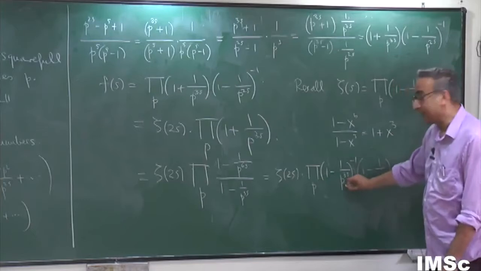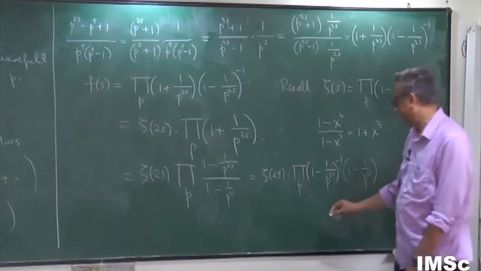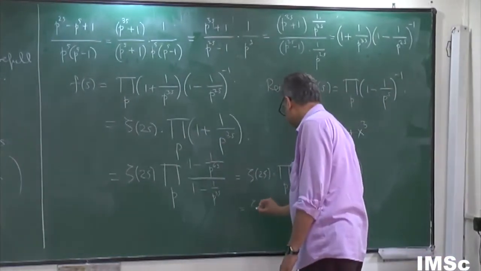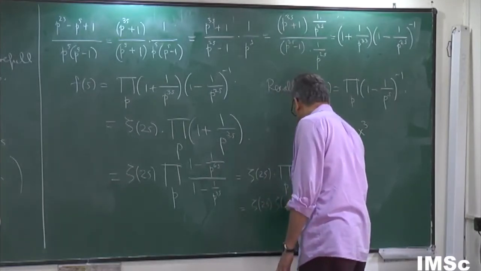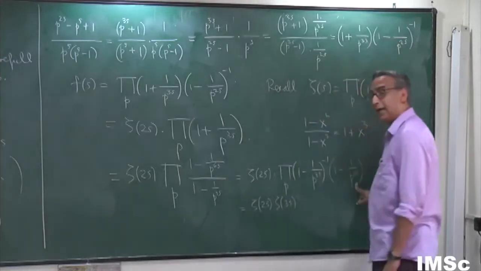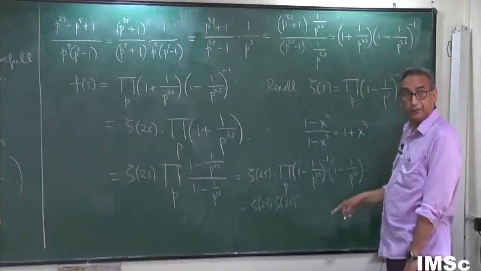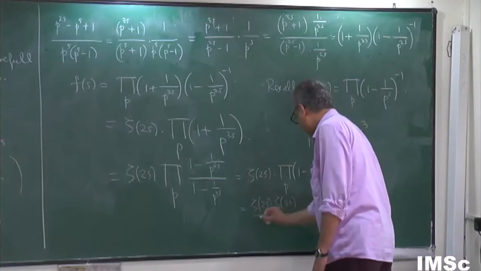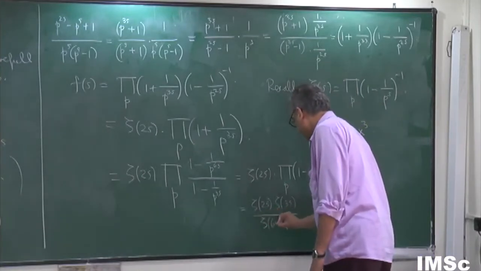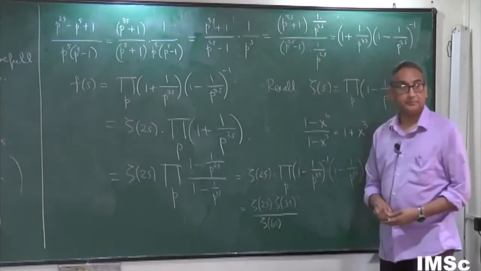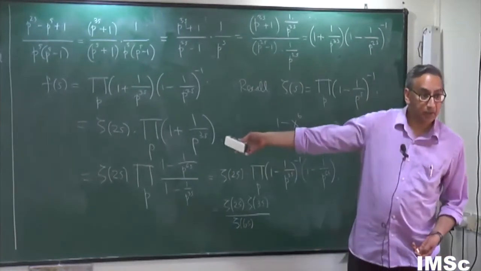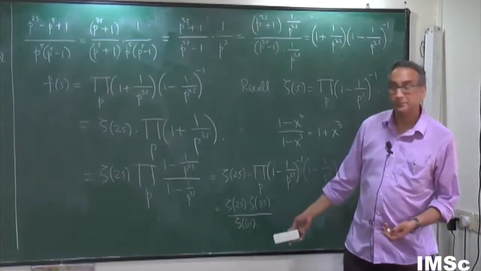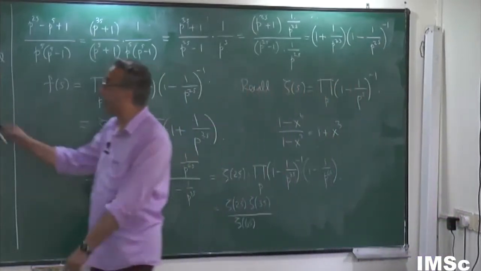And now I recognize this guy as a zeta function, and then this guy as zeta 6s inverse. Right? Therefore, the generating function, the Dirichlet series associated with squareful numbers, is this concoction, which you would have never guessed unless you did it this way, right?